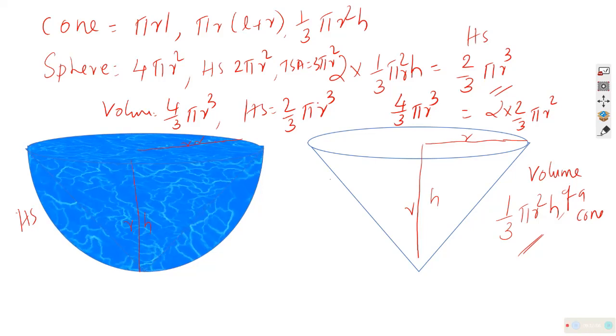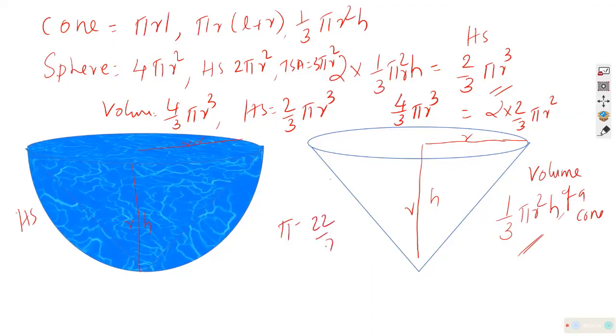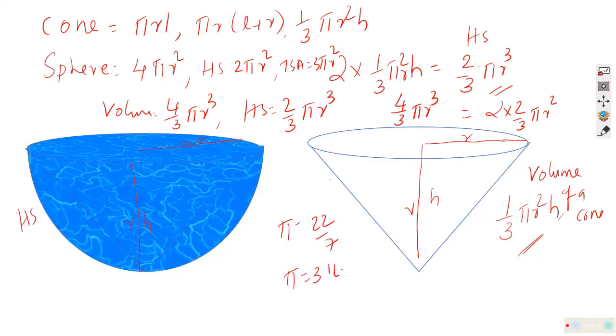But a smart student will say, we understood. The formulas of cube, cuboid, cylinder, cone, sphere and hemisphere, we are smart enough to solve the problem provided the problem is understood. Along with that, I would like to say that sometimes the problem will give you pi equal to 22 upon 7, and sometimes pi equal to 3.14.